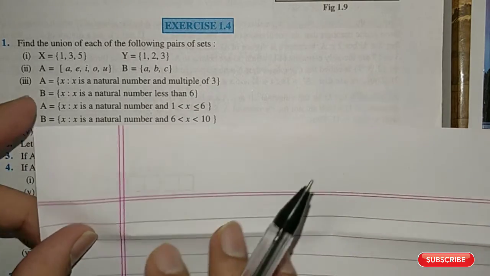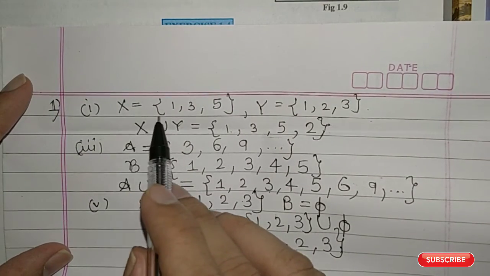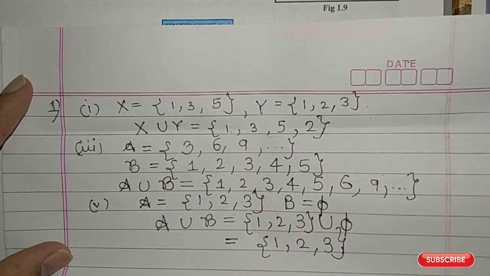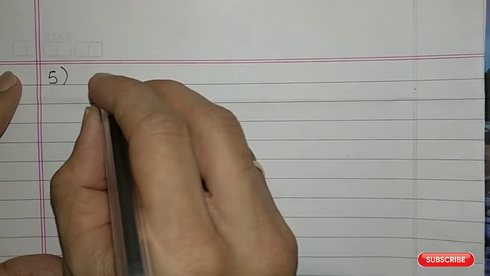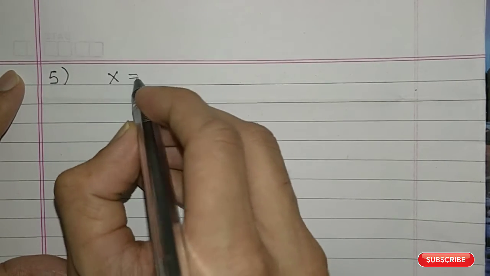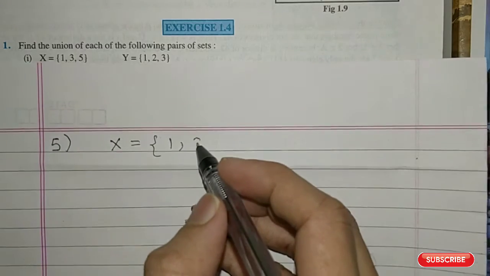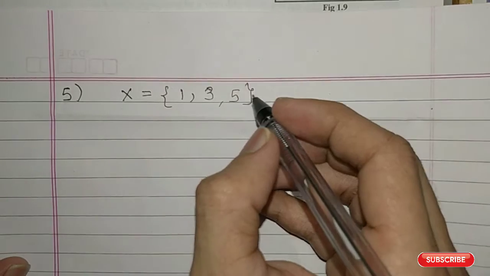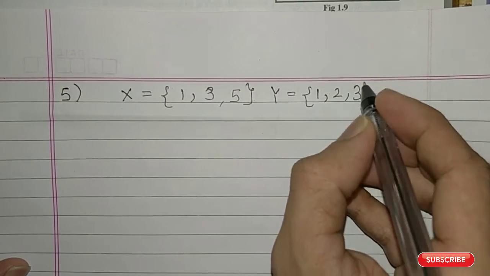So what was the first problem we solved? It was here: x is equal to 1, 3, 5, y is equal to 1, 2, 3. For the fifth problem, x is equal to 1, 3, 5, and y is equal to 1, 2, 3.